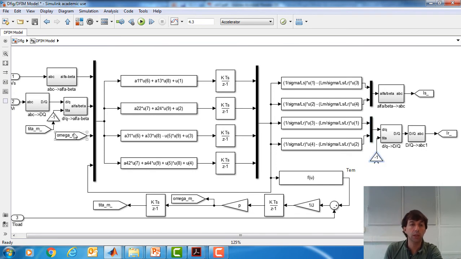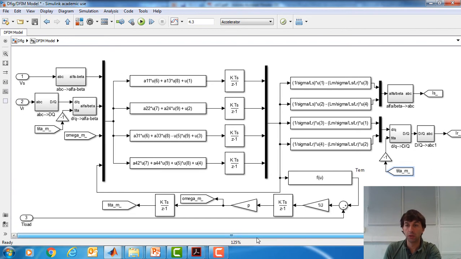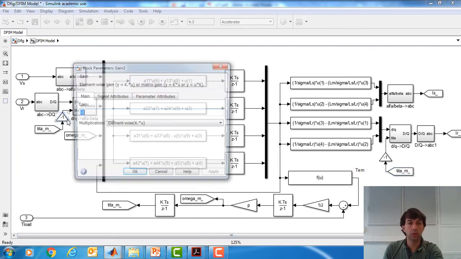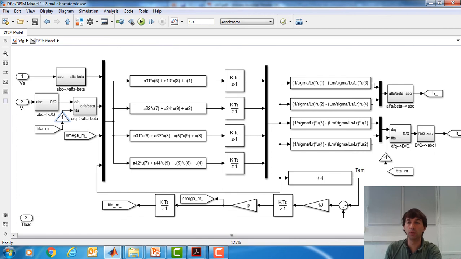This is theta m again. We don't have too much space, and obviously this should be 1. There shouldn't be any multiplier. Sorry about this.